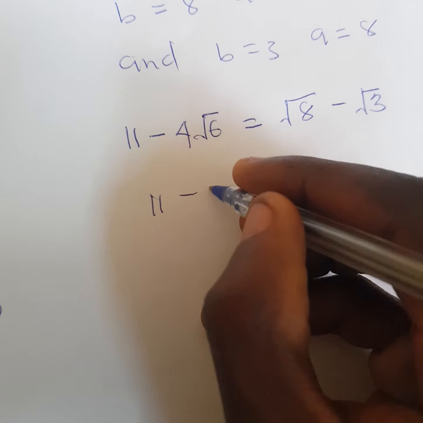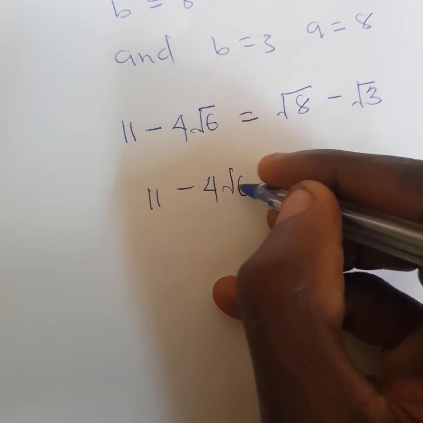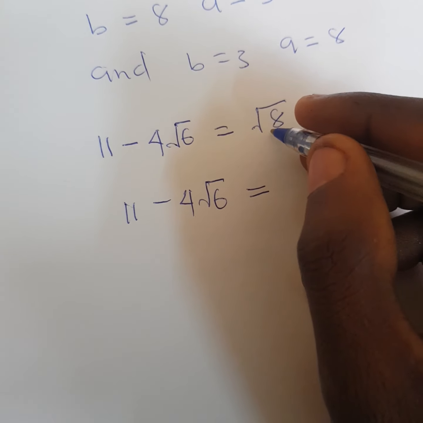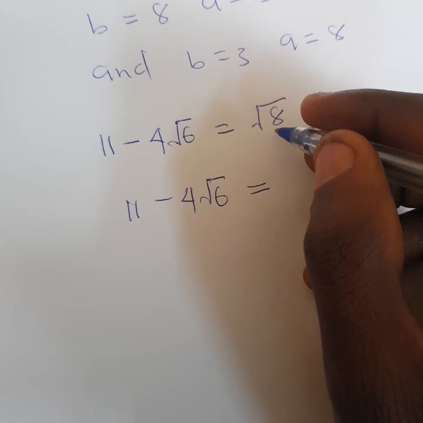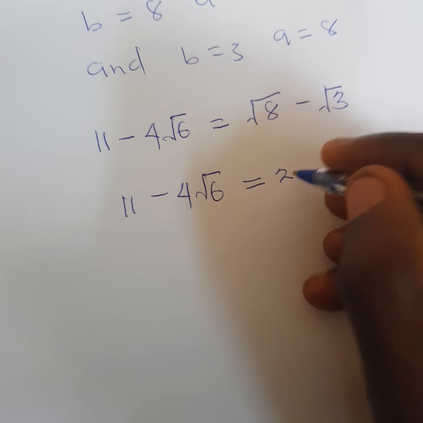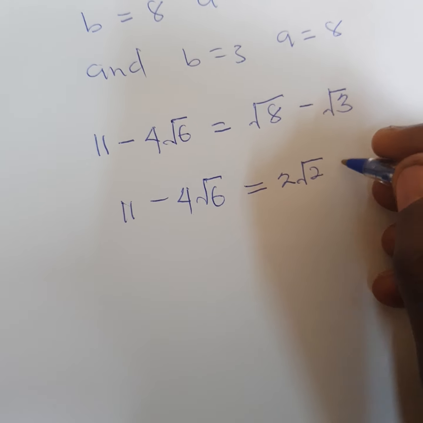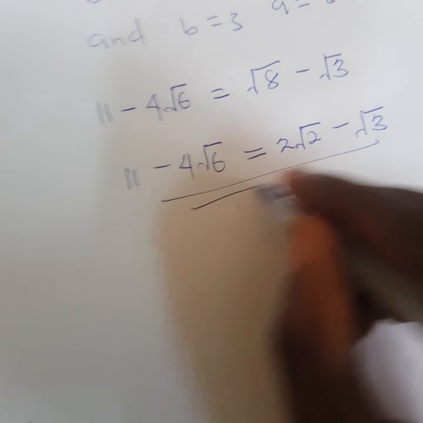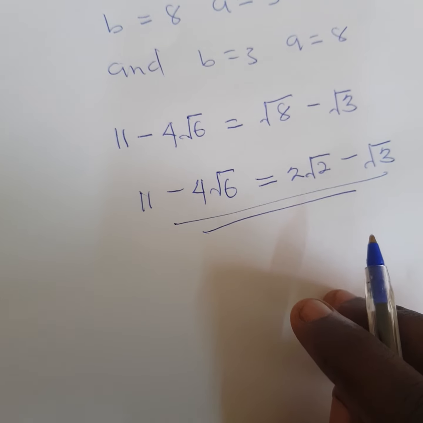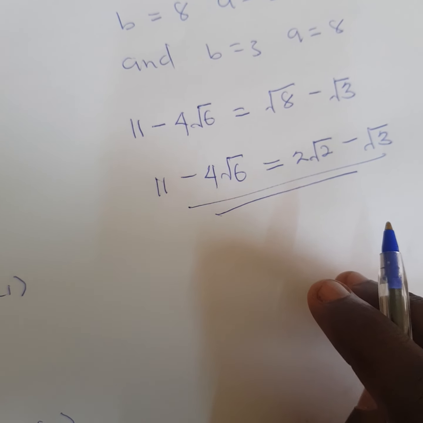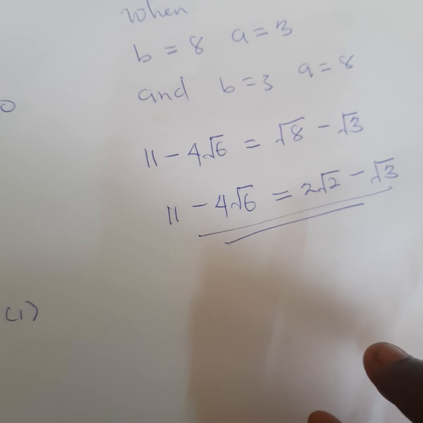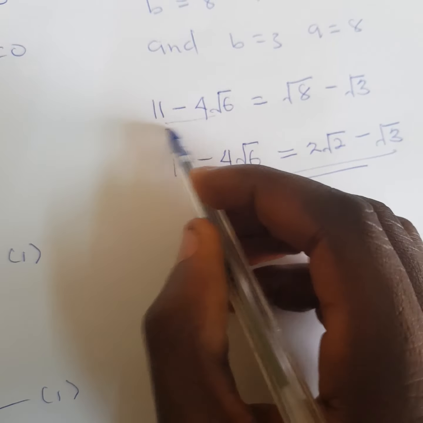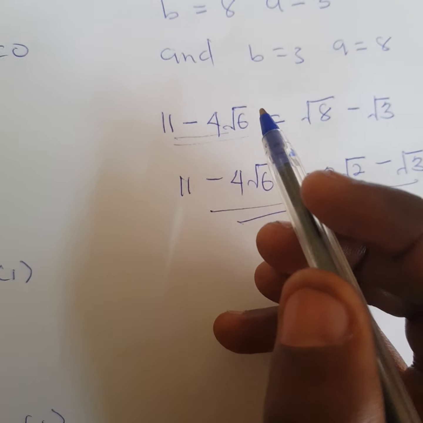And this can also be written as, this is a surd, you express it in its lowest form, you're going to get 2 root 2 minus root 3, and this is the equal surd of the surd, or the root of the surd 11 minus 4 root 6.